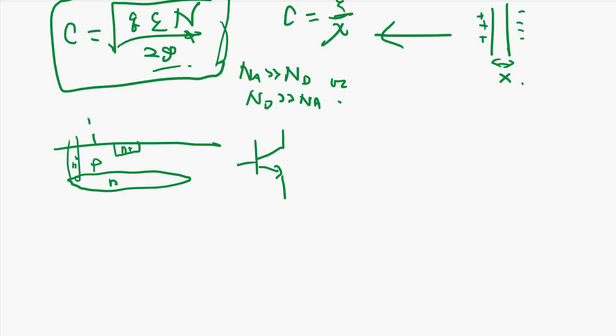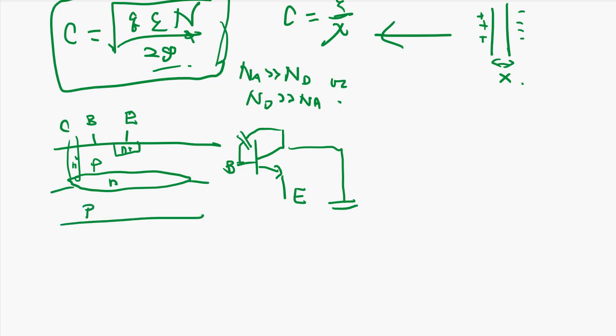This is the base and emitter and the collector. Now we have a reverse bias here, so it has a capacitor here, right? And this also has a capacitor against, say, the P substrate, and those capacitors are called stray capacitors.